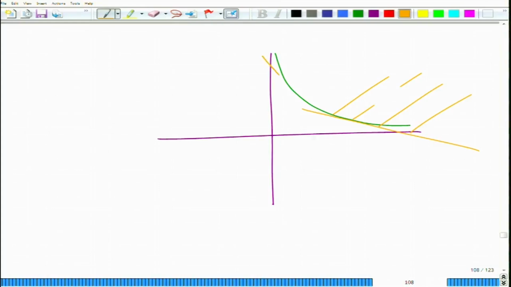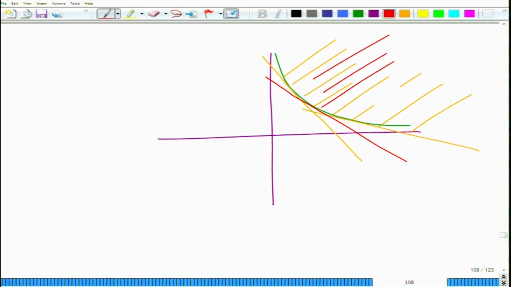Now, you take all such tangents and you take the intersection of these half spaces, and what you will see, you will end up getting this original convex set.